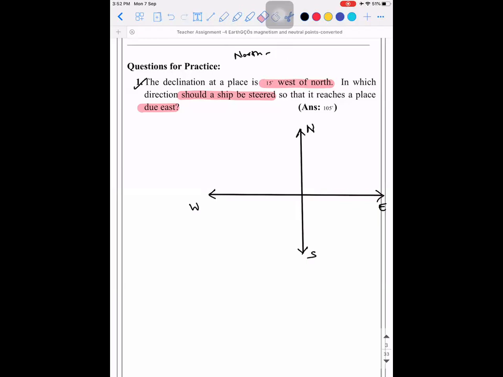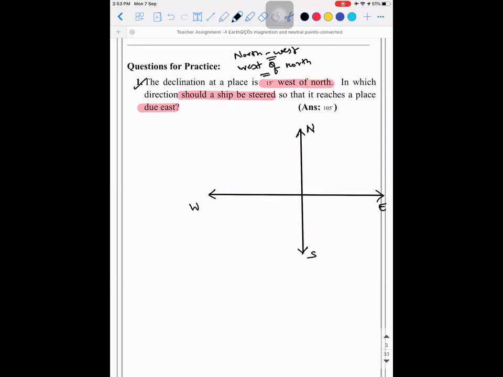Northwest, let me take as an example, is one of the points. West of north is another point. They can either say northwest or west of north. What is the difference between both? When you see northwest, what do you mean?